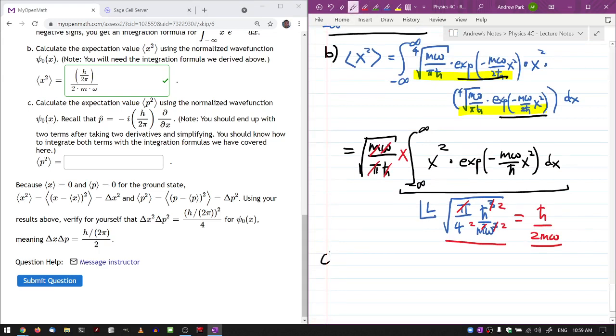So the expectation value of momentum squared is going to be the integral over all space of the wave function, and because momentum has the position derivative in it, I have to be especially careful in ordering the terms.